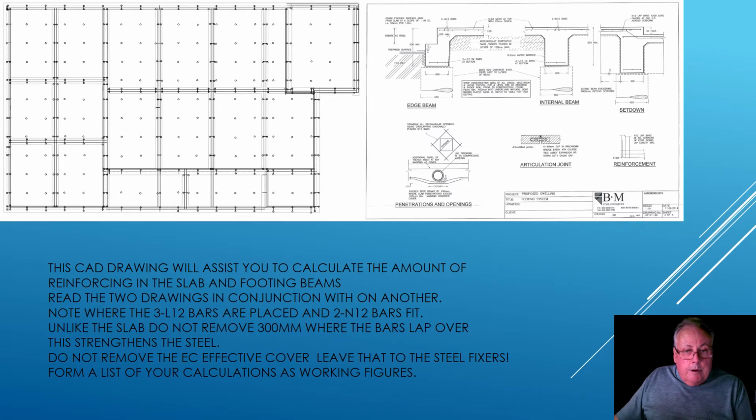So the CAD drawing will assist you to calculate the amount of reinforcing in the slab and the footing beams. So we need to read these 2 drawings in conjunction with one another. So the actual house plan is as handy as anything. We know by now that it's 10 meters and 67 from outside the slab to outside the slab.